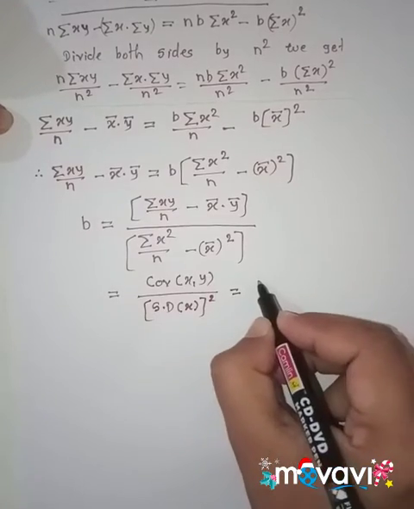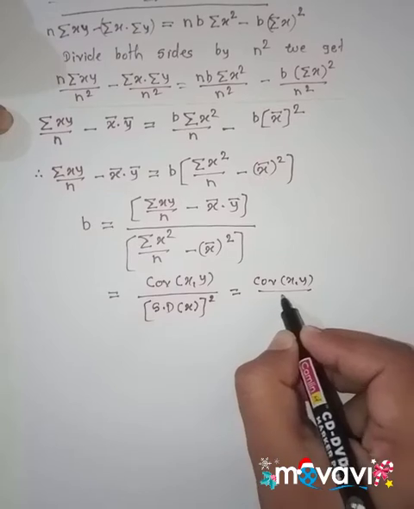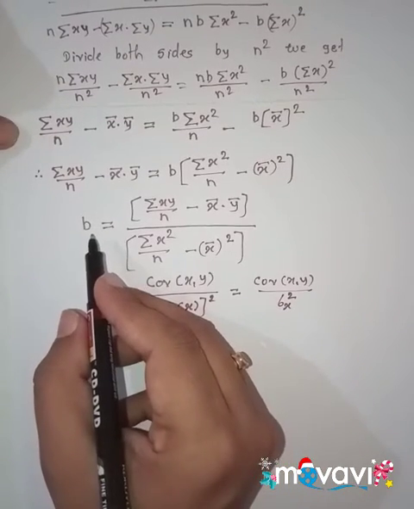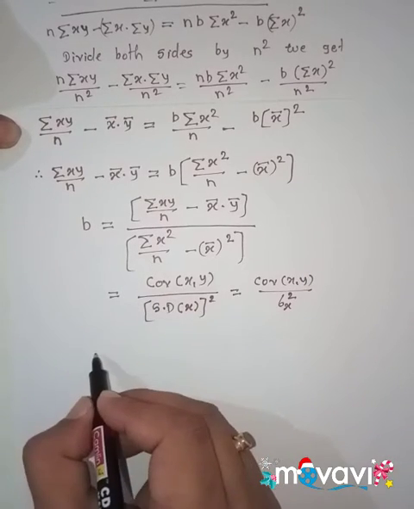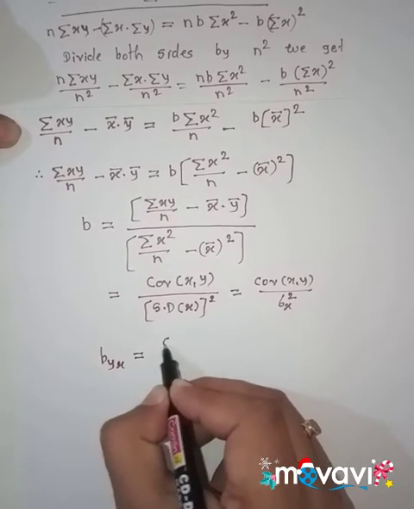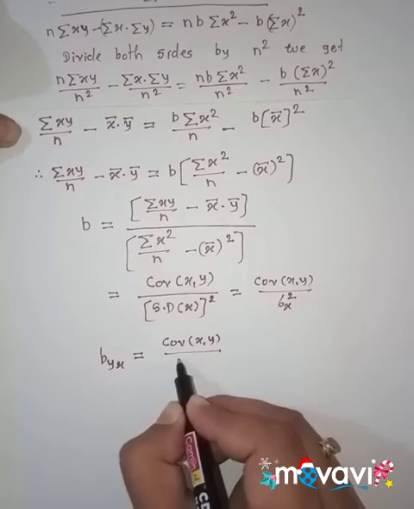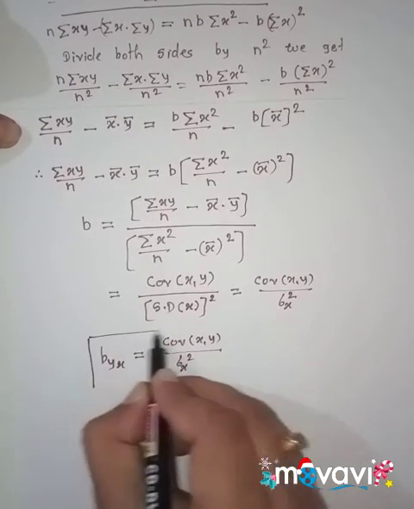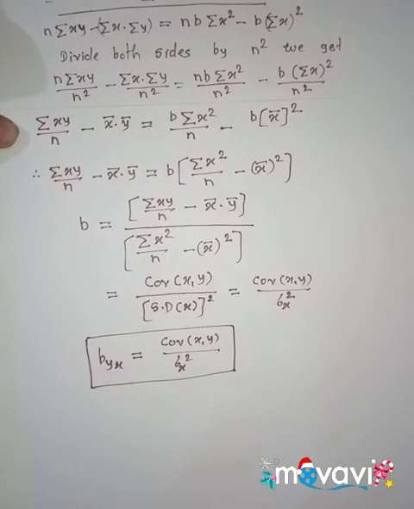So this is equal to covariance of xy upon sigma x square. So this is the regression coefficient of y on x. So we give the symbol byx, which is covariance of xy upon standard deviation of x square. So this is the regression coefficient byx.